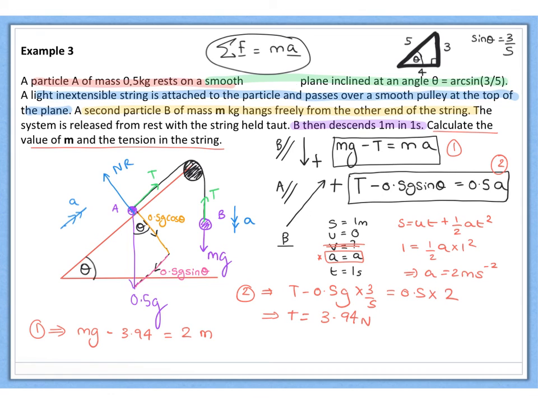We can then combine m terms on one side, so mg minus 2m equals 3.94 after some rearranging, factorise, and then divide through by g minus 2 to give us the value of m, which is 0.50512 kilograms, or m equals 0.505 kg to 3 SF.